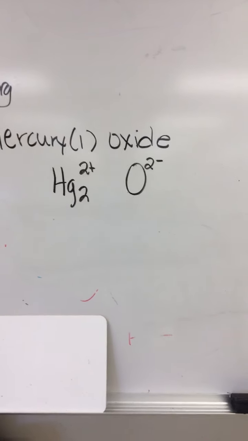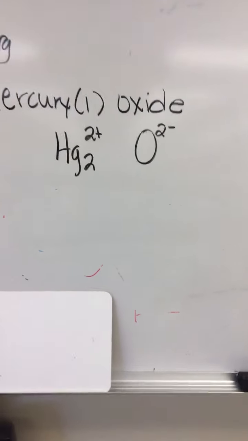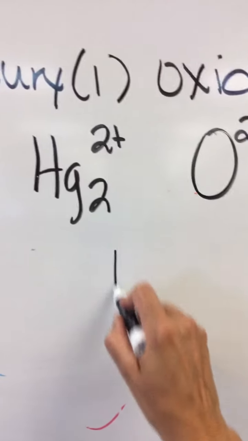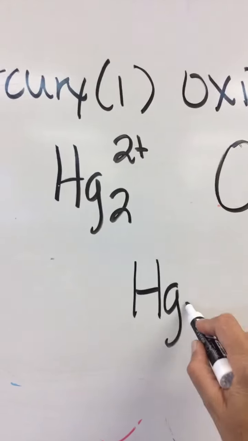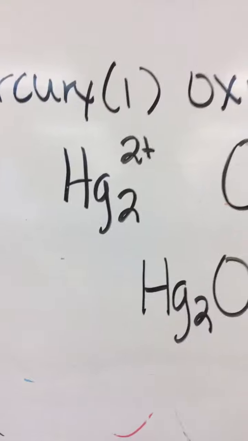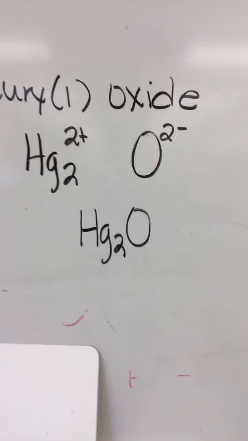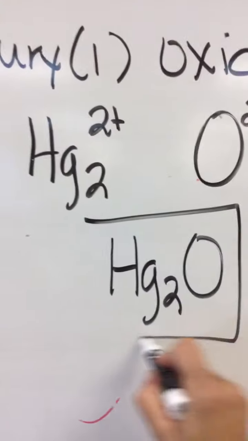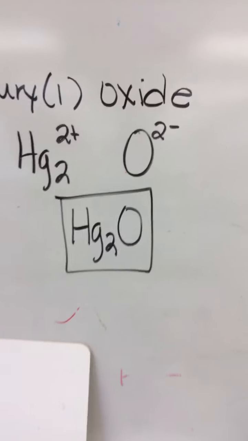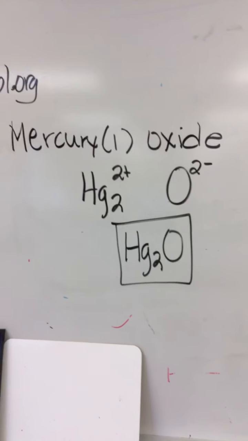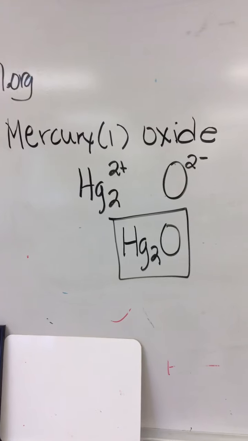They already add up to a net zero ionic charge. So in this case, for a mercury 1 oxide, I can just have the final formula be Hg2O. That's my final formula. Okay?